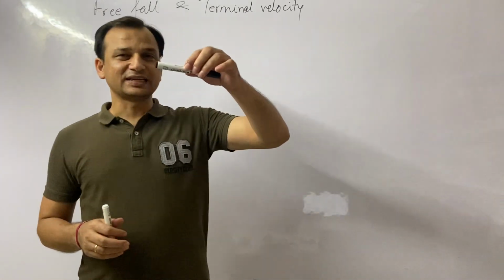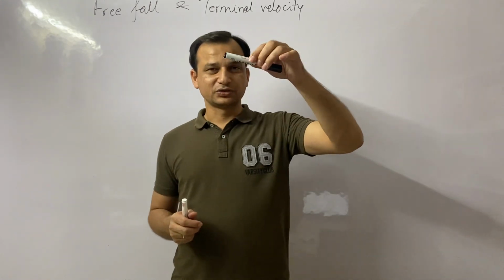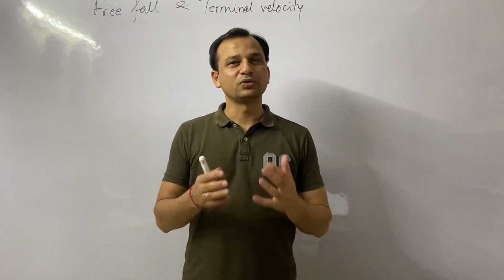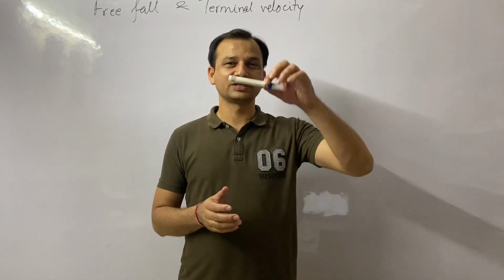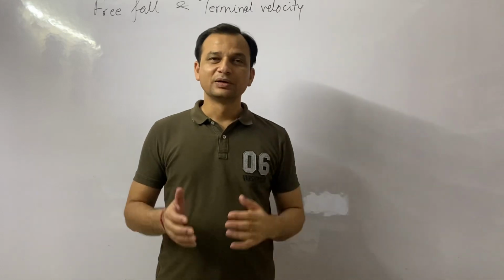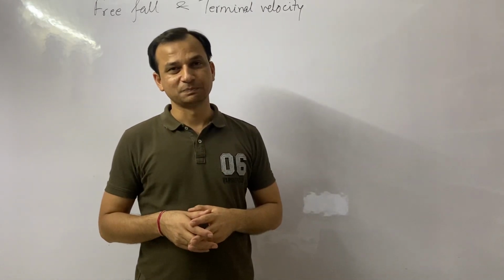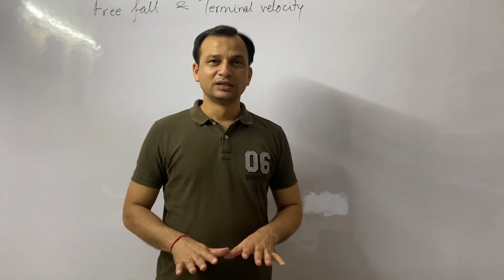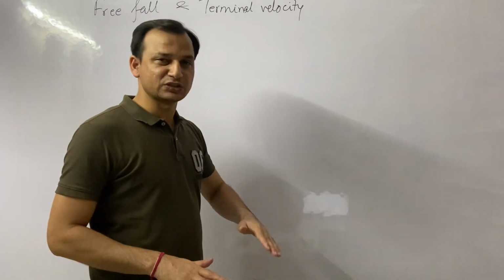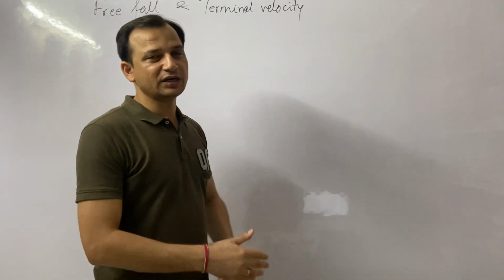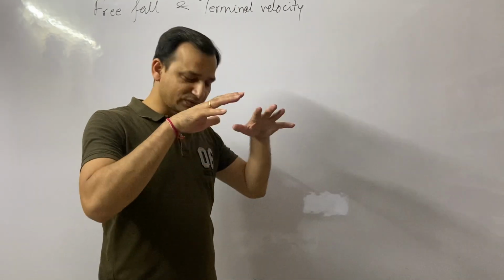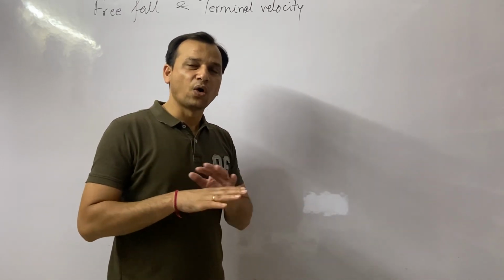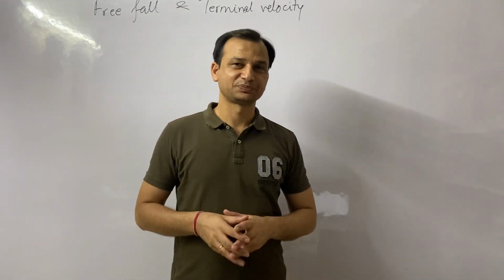So if I take this pen or the marker, I should say the marker, and I drop it, then the marker will go down. The marker is going down because of gravity. Right now when the height is small, the object is not at a very large height. So in that case, when the object is falling, the air resistance is almost negligible.